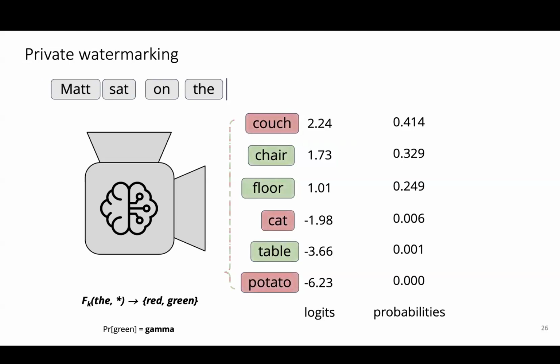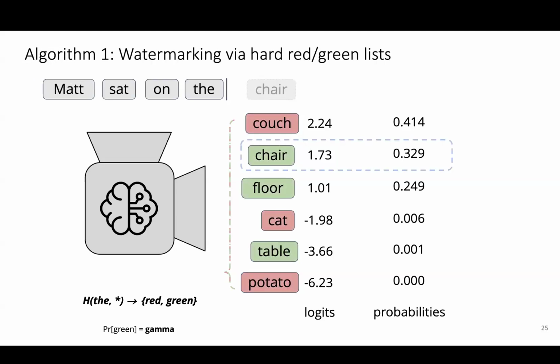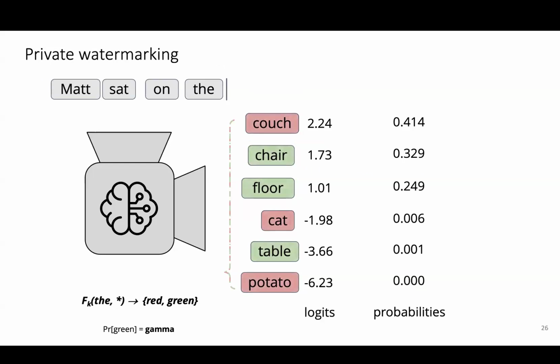Okay. So I have these green words, and for the next word, even though couch has a higher probability, I'm going to use the green word chair in the example, and so that's going to be my completion, and this process continues. To make the process secret key, instead of using a hash function, you can use a pseudo-random function to do this categorization.